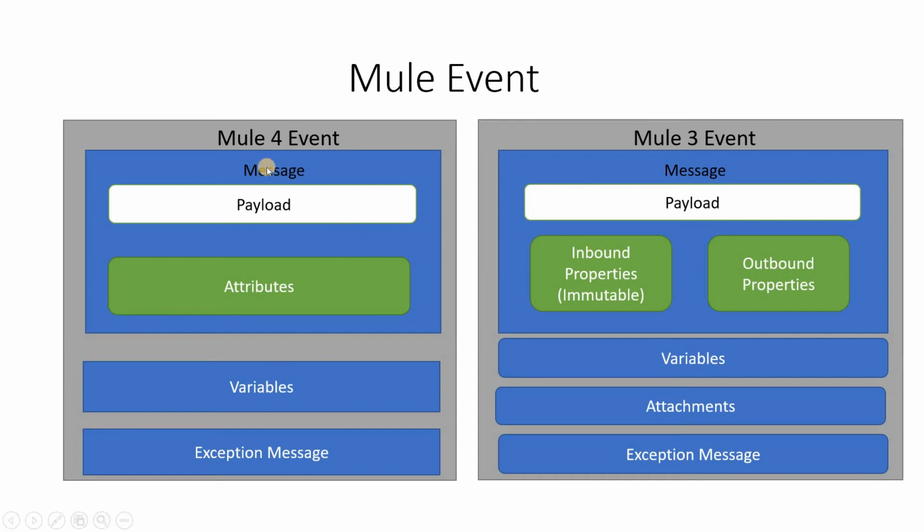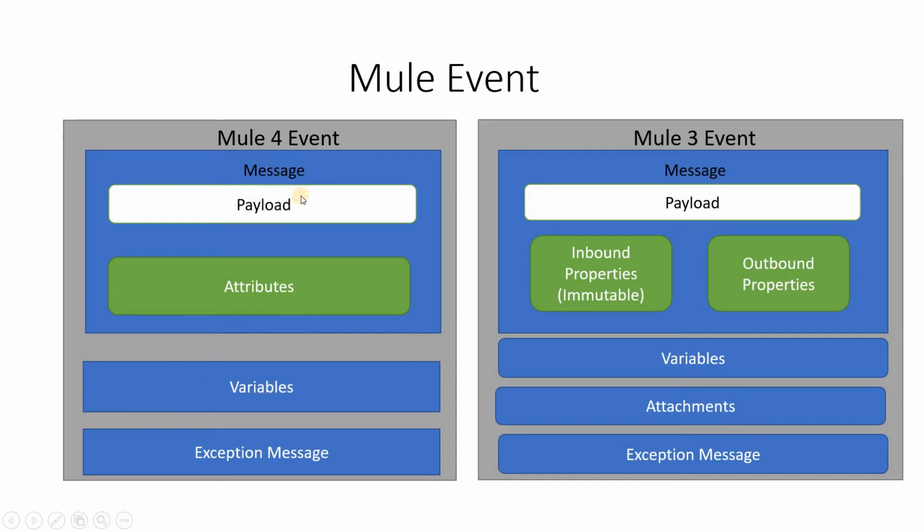You are seeing the Mule 4 event and the Mule 3 event. You can see the differences in that picture. In Mule 3 there were inbound properties and outbound properties, and in Mule 4 there are only attributes. Attachments were also there in Mule 3, but in Mule 4 they were removed.